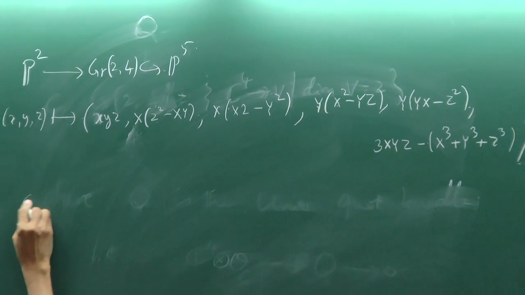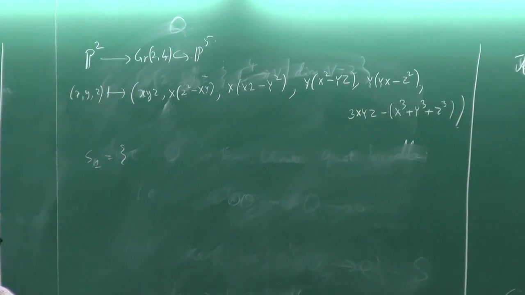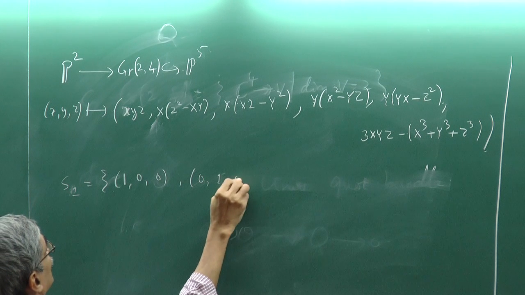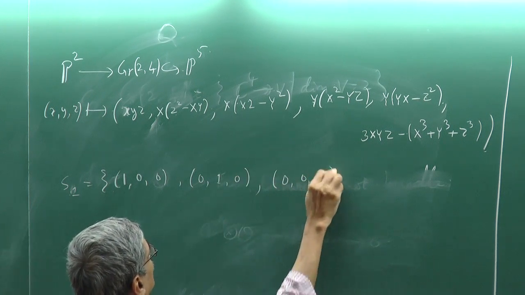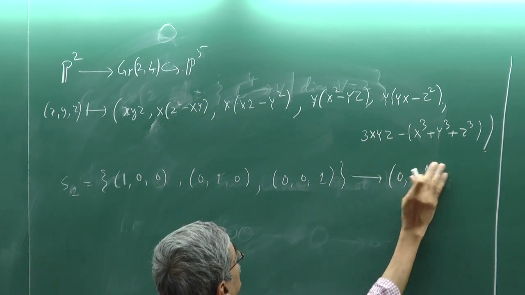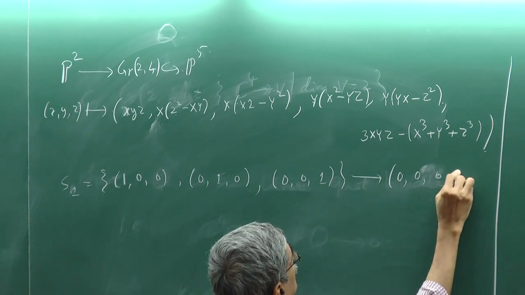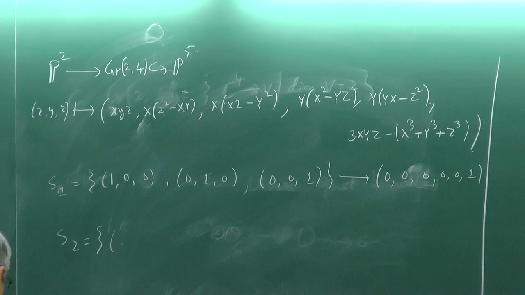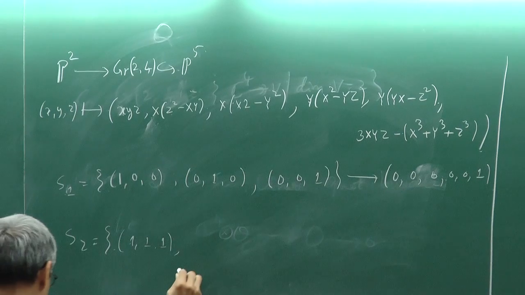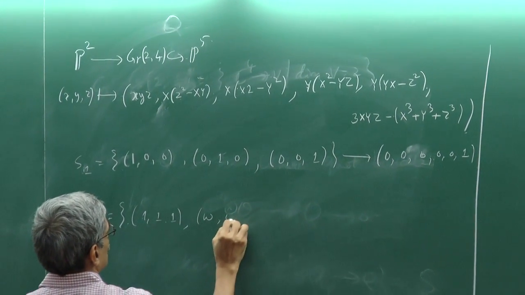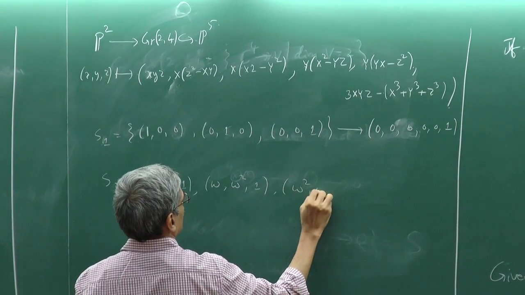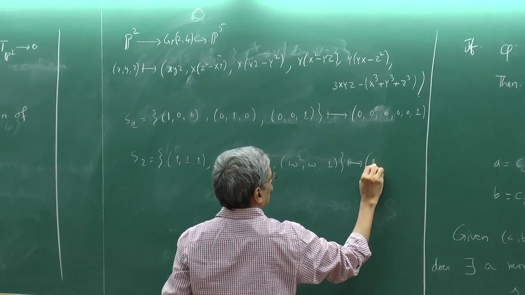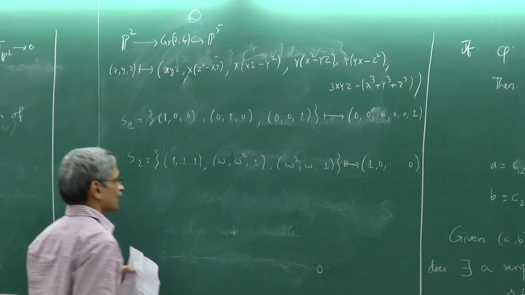And also if S1 equals this set of these three vectors, namely (1,0,0), (0,1,0), (0,0,1), all these will map to (0,0,1), and S2, so this (1,1,1) and (ω², 1), (ω², ω, 1), all these three map to (1,0,0,0).